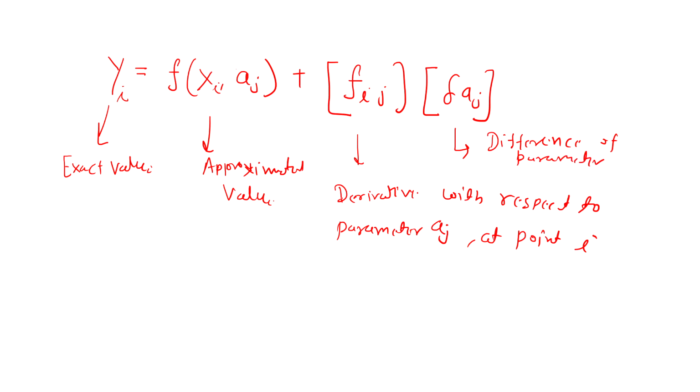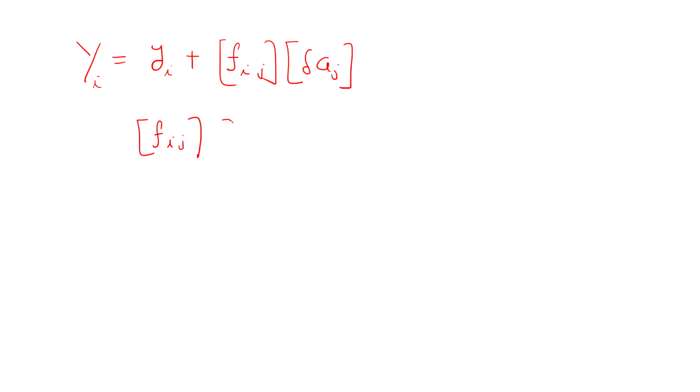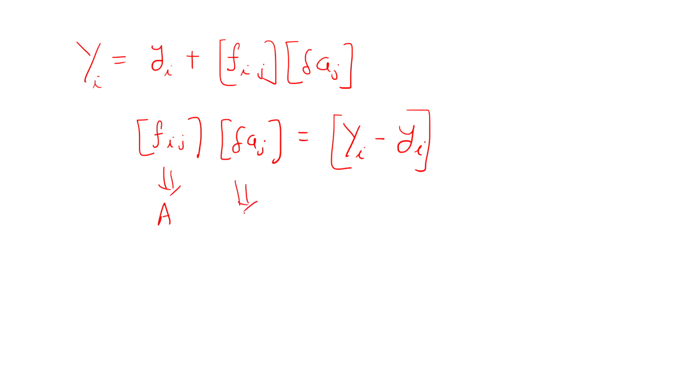So let's say this approximated value is represented by small y. So what I have is capital Y as small y plus f of ij delta aj. So my f of ij delta aj will become capital yi minus small yi. So this is my matrix A, this is my vector x, and this is my vector b.